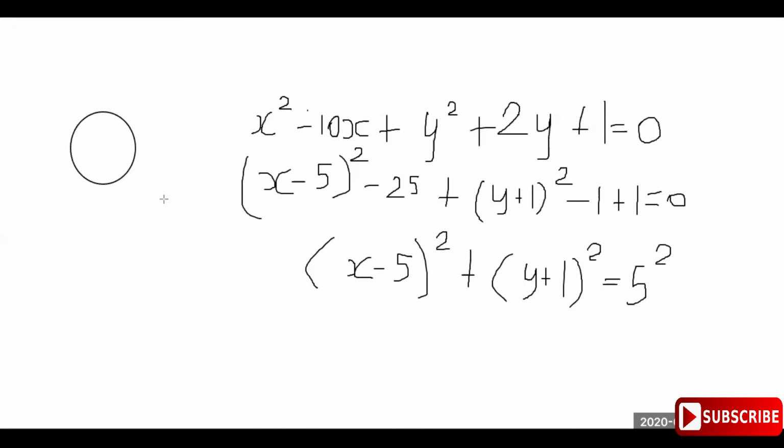The easy way, as I was saying, is that the center is 5, -1. The shortcut method is you divide the x term by -2, which gives you -5, and divide the y by -2, which gives you -1. That's the shortcut method. So in our multiple choice, just use the shortcut method to get the center of the circle.